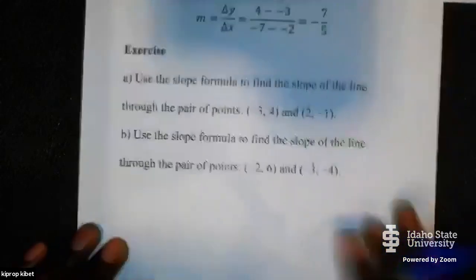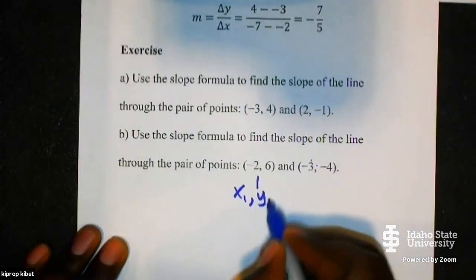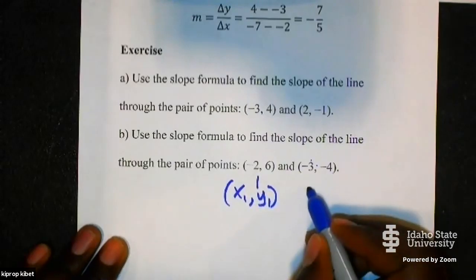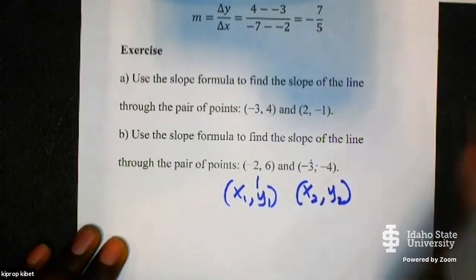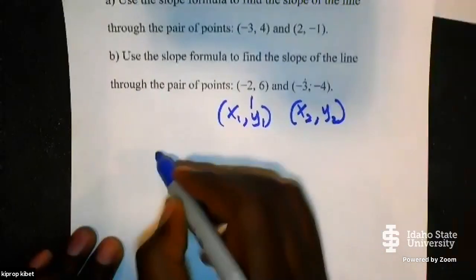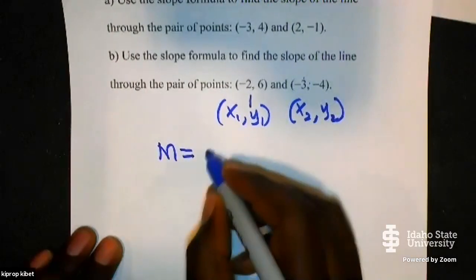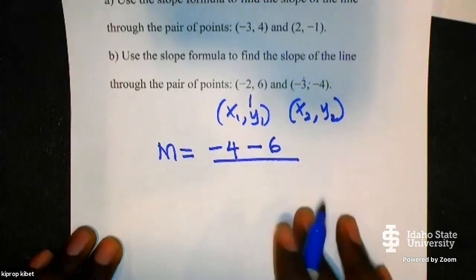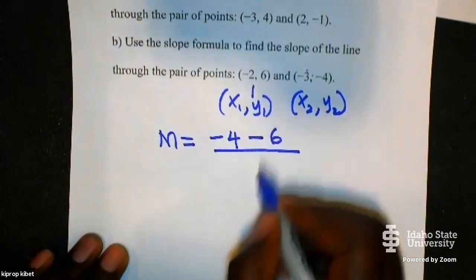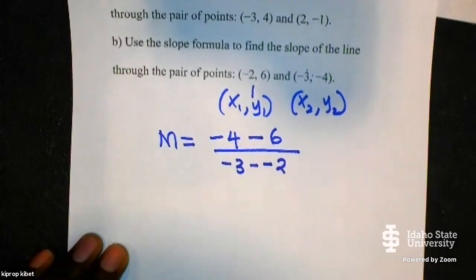So here, this is x1, y1. This one is x2, y2. So m equals change in y, which is -4 minus 6, all over change in x, which is -3 minus -2.